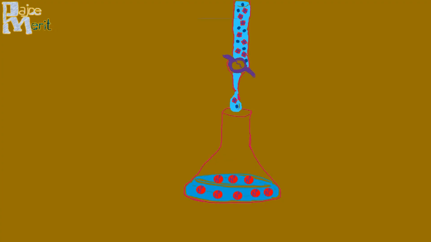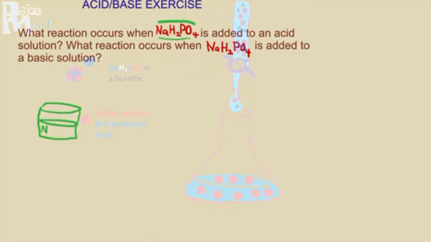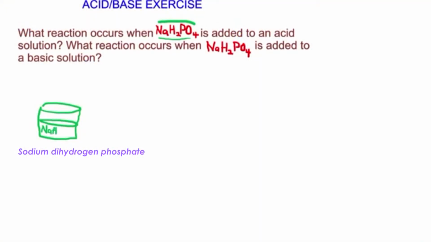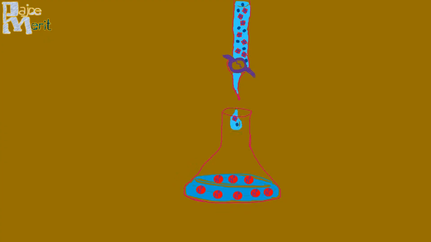So here we have our compound, which is sodium with two hydrogens bonded to this polyatomic ion right there. We notice that something will happen first, before we add our acid.